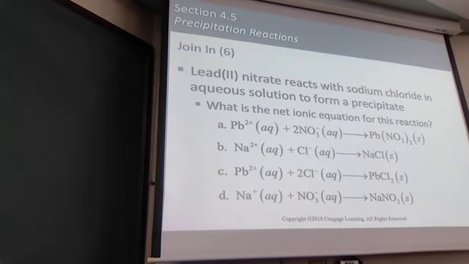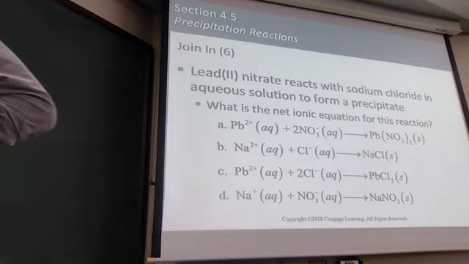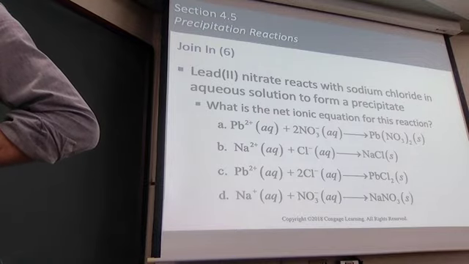One other example for joining: lead nitrate reacts with sodium chloride in aqueous solution to form a precipitate. What is the net ionic equation for this reaction?